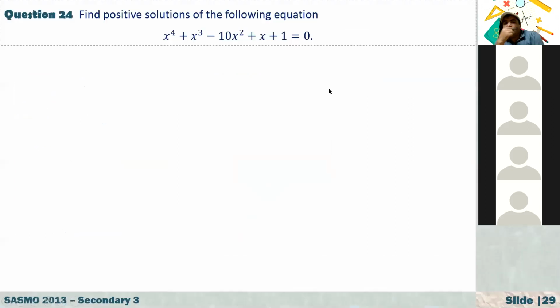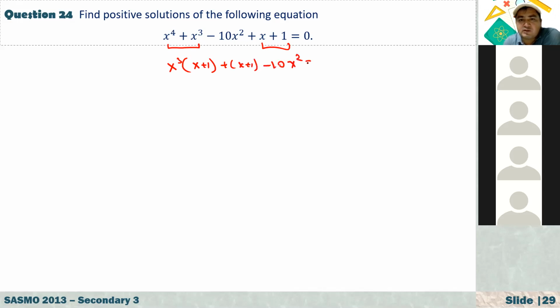Okay, now Arad, continue. You are saying that if you group this x cubed and x plus 1, and here you have x plus 1, and here we have minus 10x squared equal to 0. What is next?